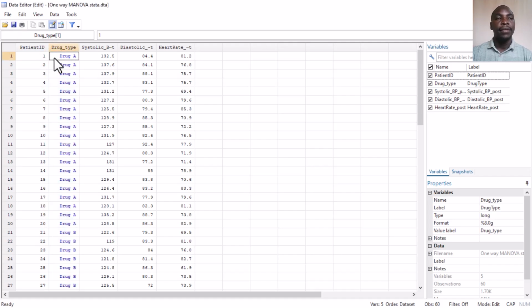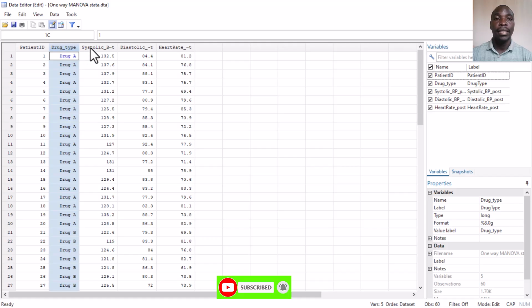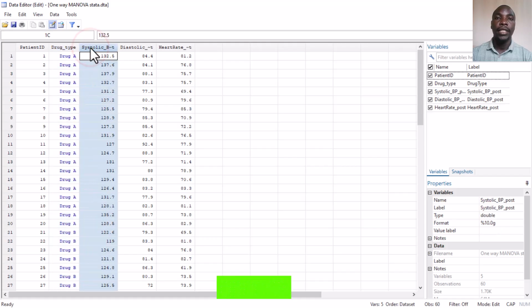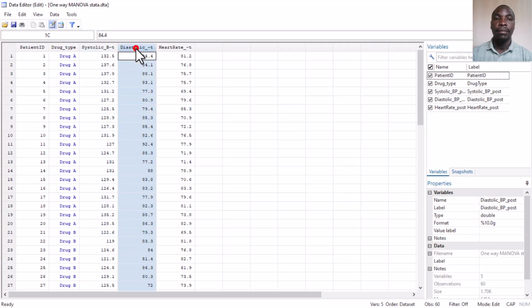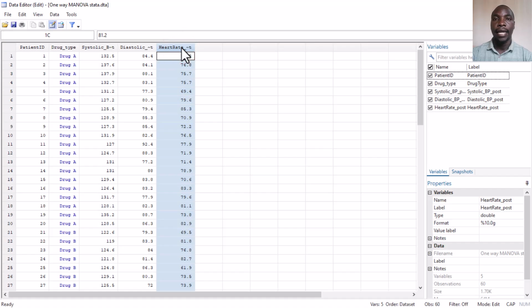In this dataset, we have a total of 60 participants who are receiving 3 different drugs for treating hypertension. After the treatment, measurements were done on 3 vitals: systolic blood pressure, diastolic blood pressure, and heart rate.